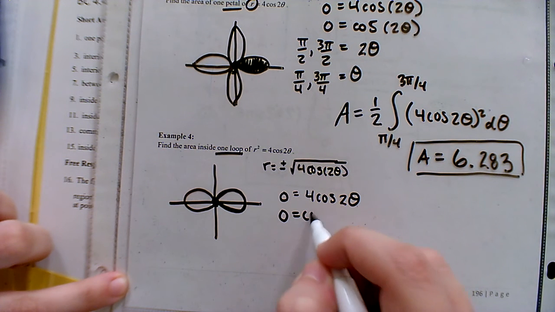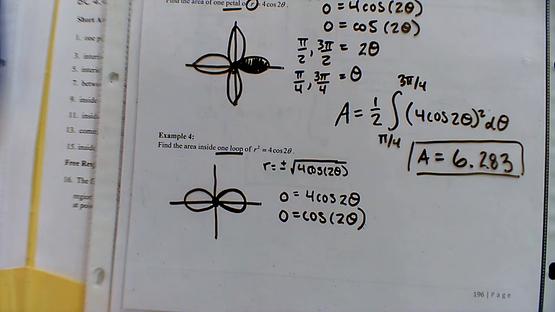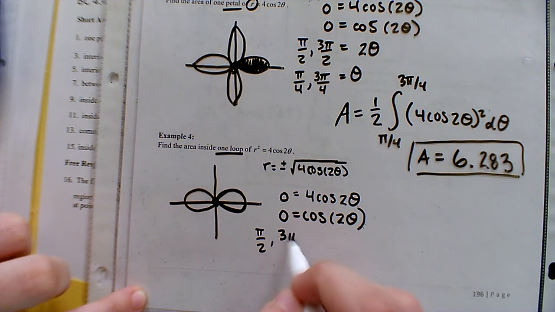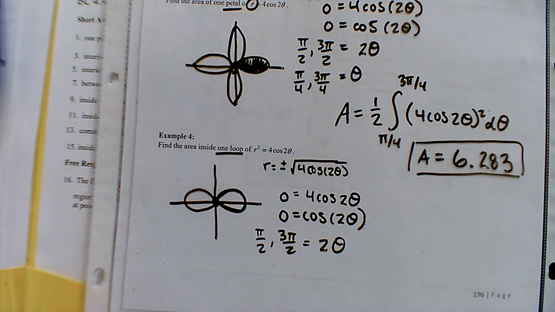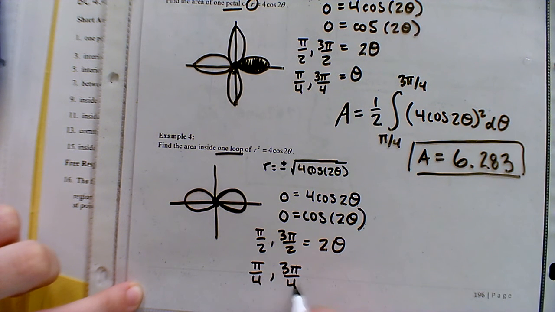So when does cosine have a value of 0? I think we said that was pi over 2 and 3 pi over 2. And then dividing those by 2, we'll get pi over 4 and 3 pi over 4.